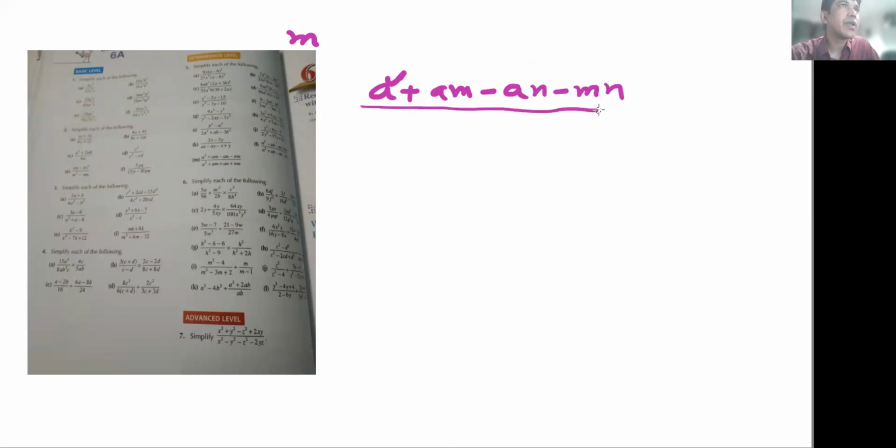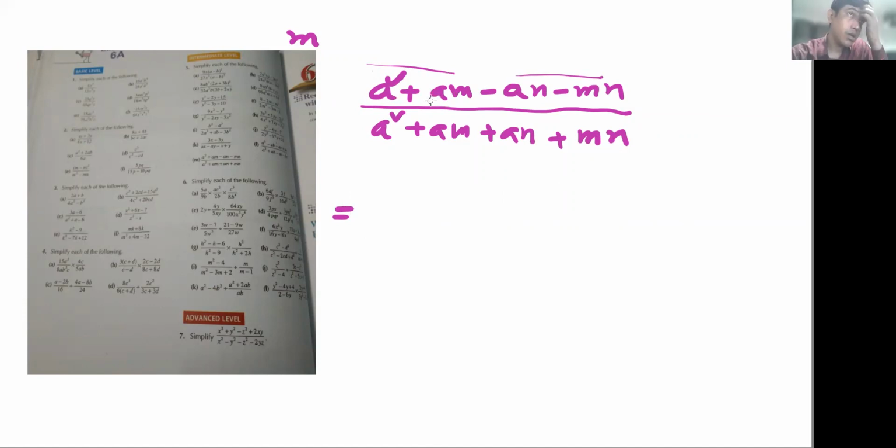Divided by a square plus am plus an plus mn, right? So see here, 4 terms are there. You will consider 2 by 2. Is there any common? A is common, a square is common.